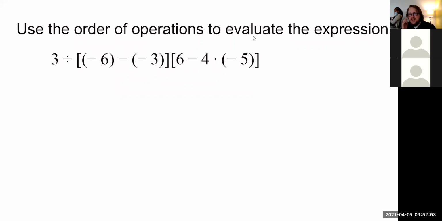So the reason why I say that is because sometimes, and don't write this down, I'll see students say, okay, well, -6 minus -3 is -3. And then -4 times -5 is 20. And then I try to figure out what to do with this 6. The next thing you know, you've got numbers floating all over the place. I don't want that.